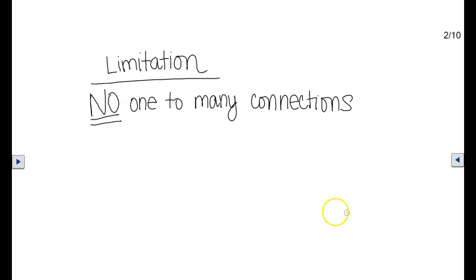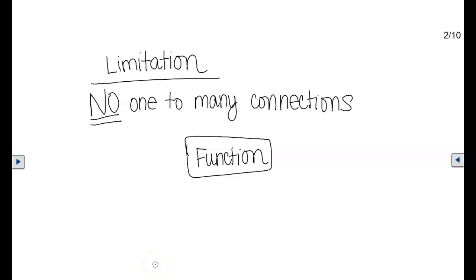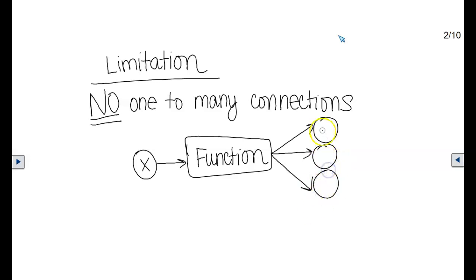So to draw you a diagram for this, if I am dealing with a function, what I don't want to have happen is that when I input one x value into that function, I get many different outputs, many different y values.